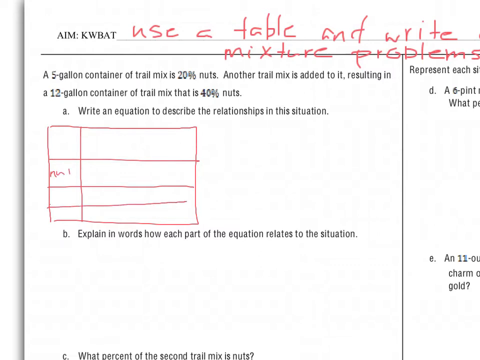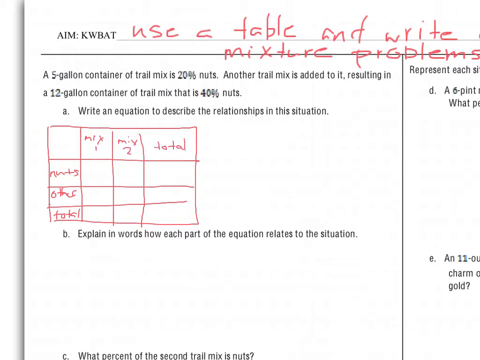This is going to be my nuts. This is going to be my other stuff. This is going to be my total. This is mixture 1. This will be mixture 2. And this will be my total.